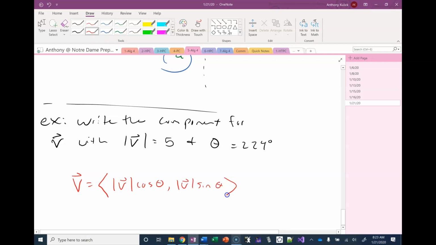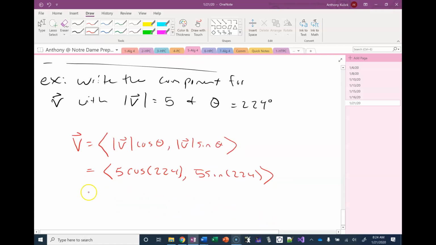So I'll just use the formula that we developed earlier. I have 5 times cosine of 224, comma 5 times sine of 224. And when I type that into my calculator, I get negative 3.60, comma negative 3.47.